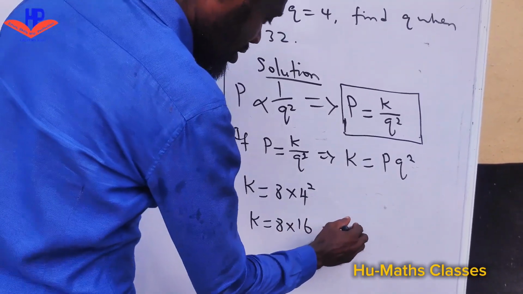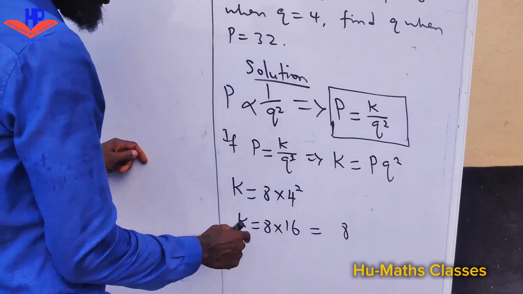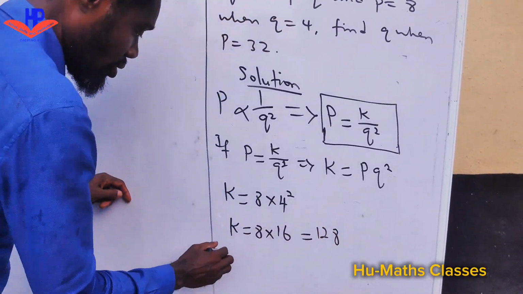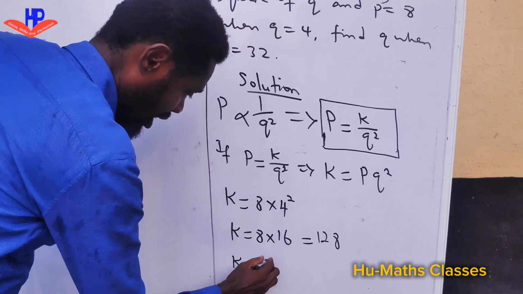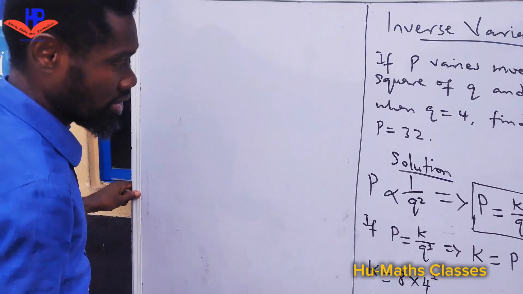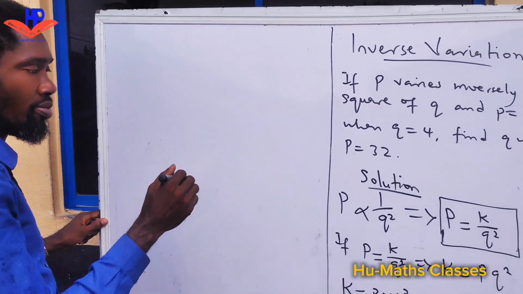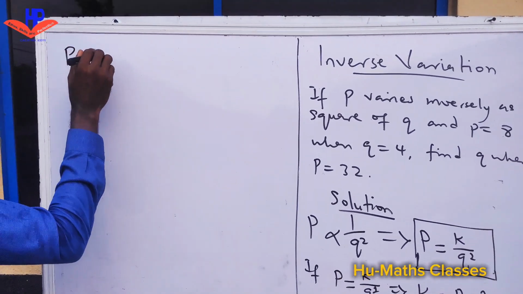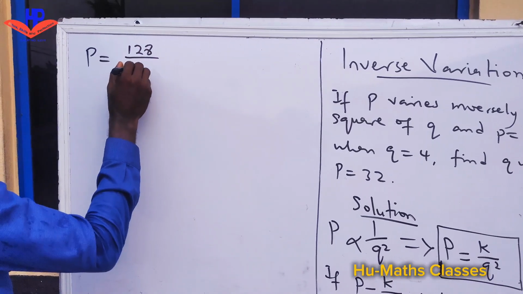I'm going to write 8 and carry 4. 8 times 1 is 8 plus the 4 carried, 12. So our K is equal to 128. So for us to write the relationship formula between P and Q squared, we'll have P is equal to 128 divided by Q squared.